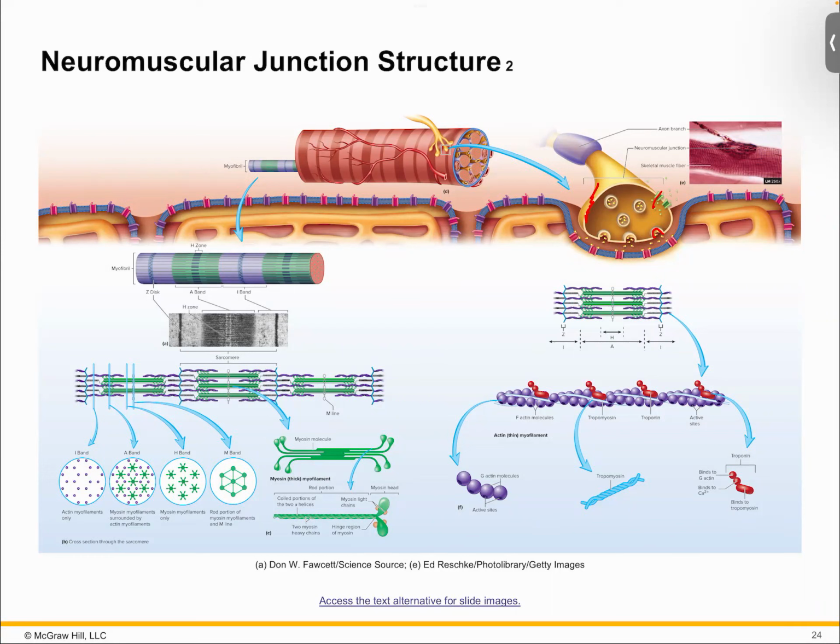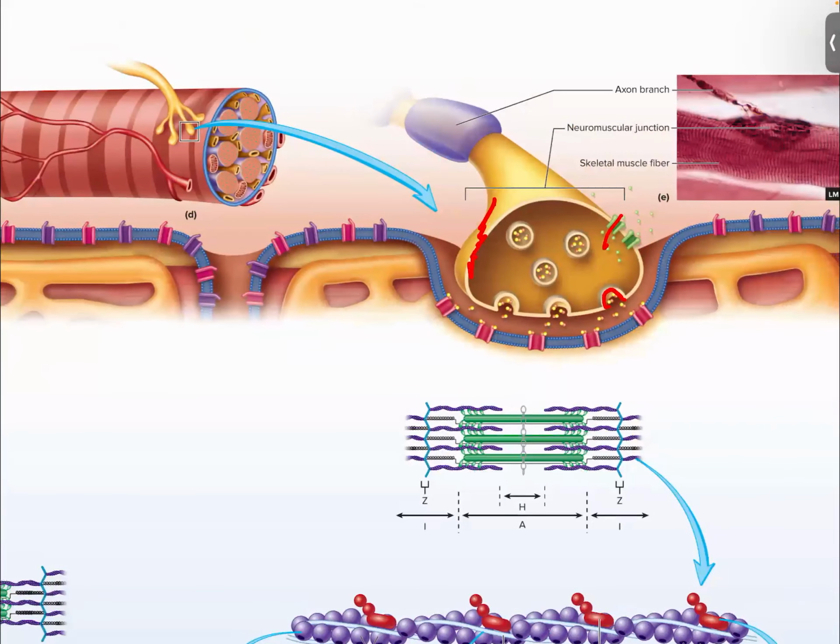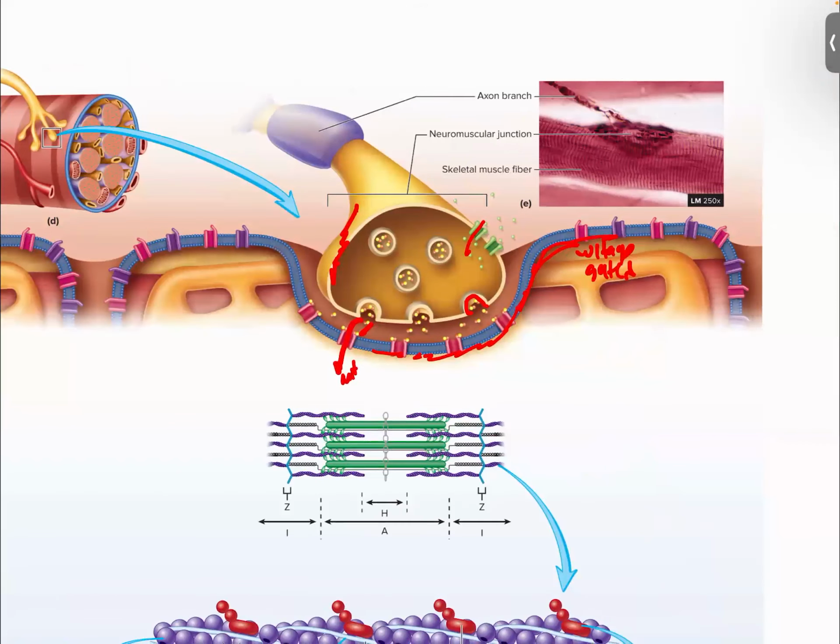So these little yellow guys right here, this is acetylcholine. The acetylcholine will then grab onto these ligand-gated sodium channels, which will then allow sodium to flood inward, and that will reignite the action potential in the sarcolemma. Right, so notice you have ligand-gated channels, which then give way to voltage-gated channels. And then what's going to happen?